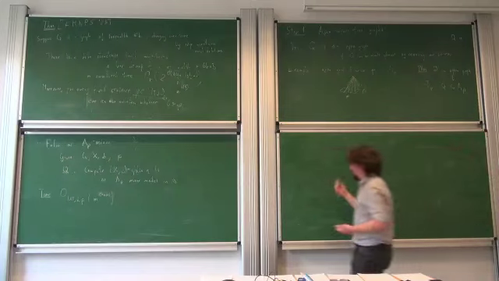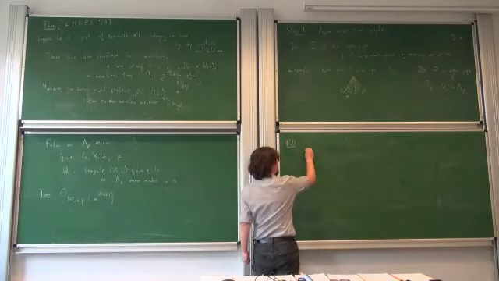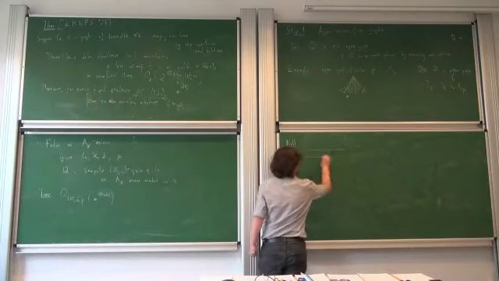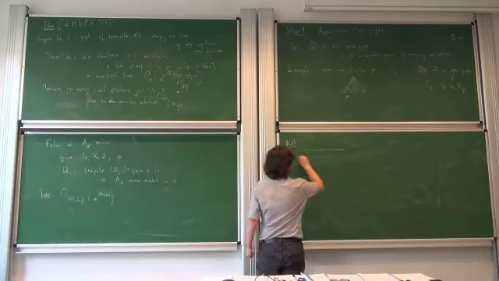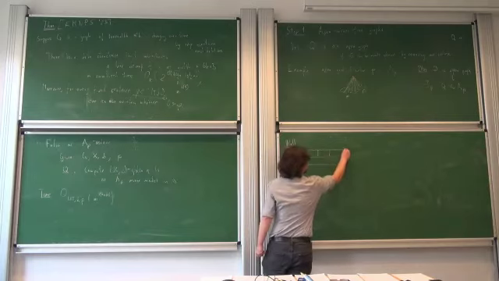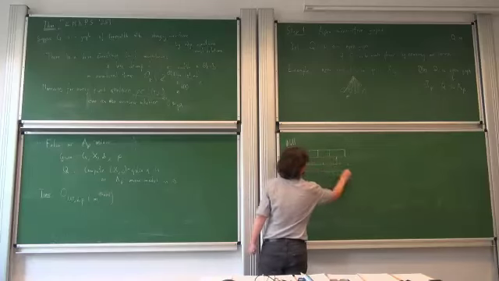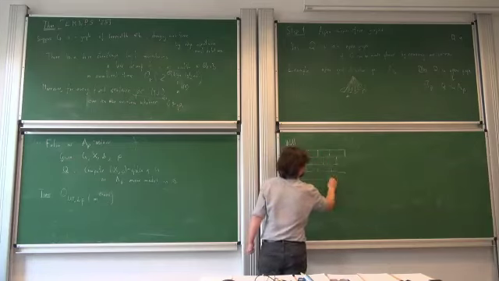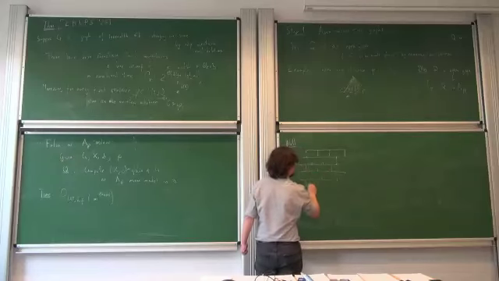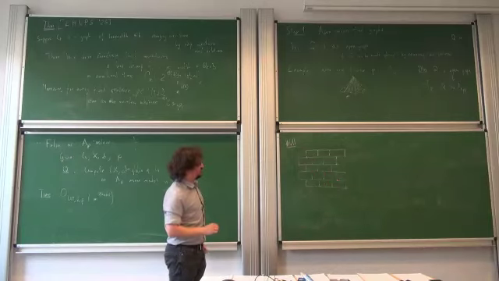So first of all, what is a wall? A wall is a specific graph. It looks like that. Yeah, this is a wall, a 3 × 5 wall.